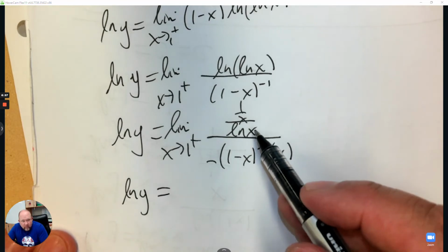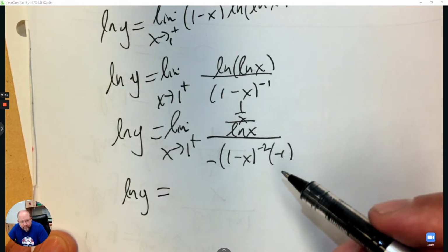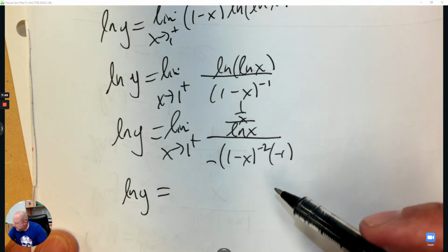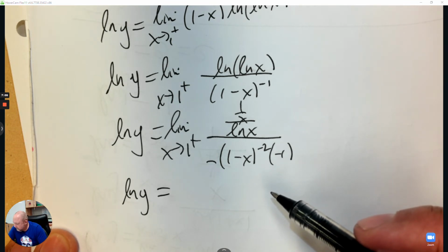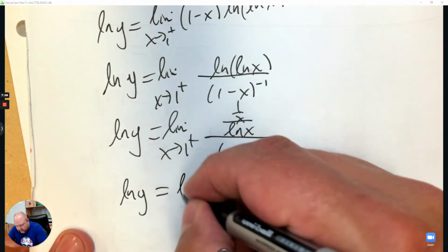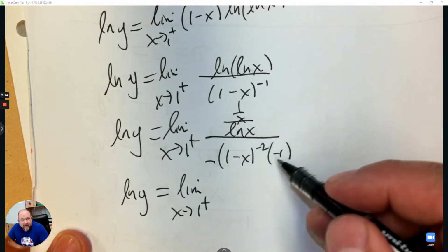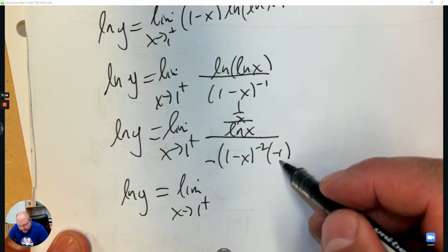So if I plug in 1, and rearrange it, it's still indeterminate. But I'm going to rearrange this. So a negative times a negative is positive.